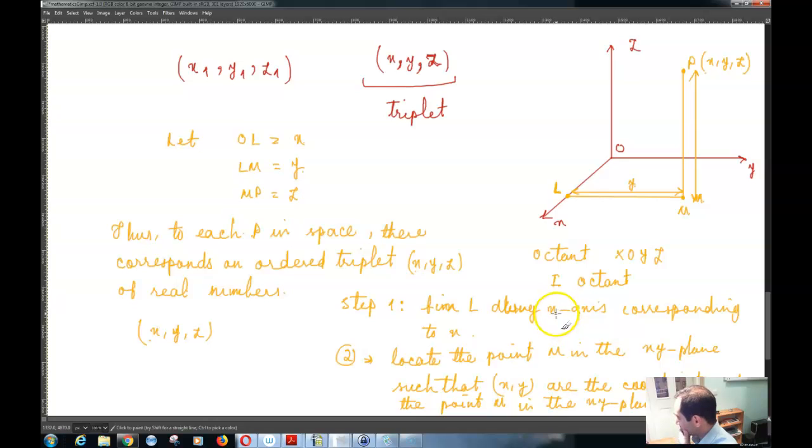And of course you know that LM is perpendicular to the x-axis, or basically parallel to the y-axis. So you already know that.